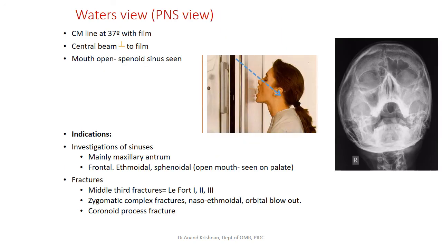Moving on to Waters view, or it is otherwise called the paranasal sinus view. The reason it is called this is we are able to visualize most of the sinuses, nasal and paranasal, in this projection. And in this projection, the canthomeatal line is at 37 degrees with the film.